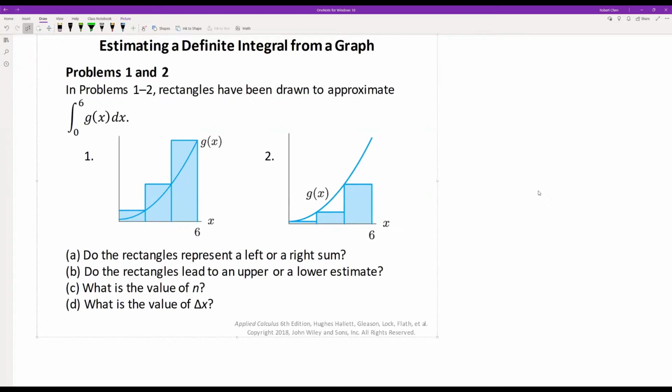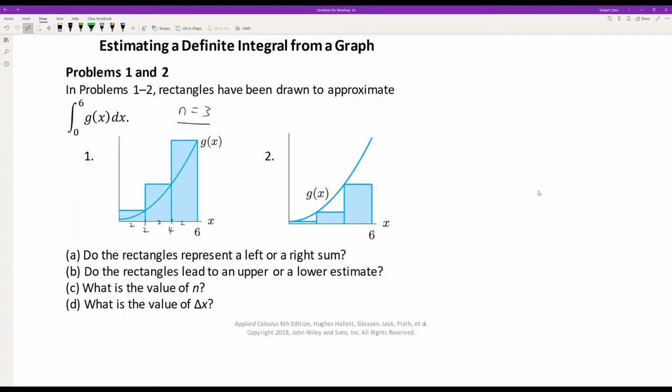So we can see that it's being cut into 3 intervals, so n is equal to 3. And each interval has a width of 2, because we're looking at from 0 to 6, so when we cut into 3 equal pieces, each one of them has width of 2.